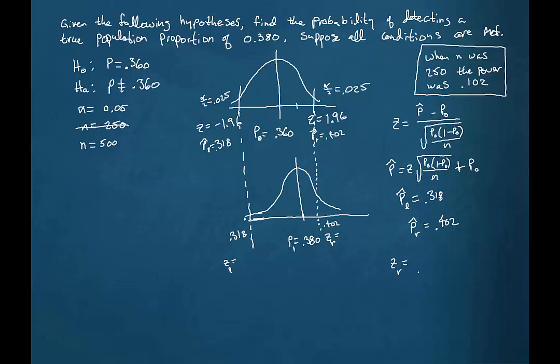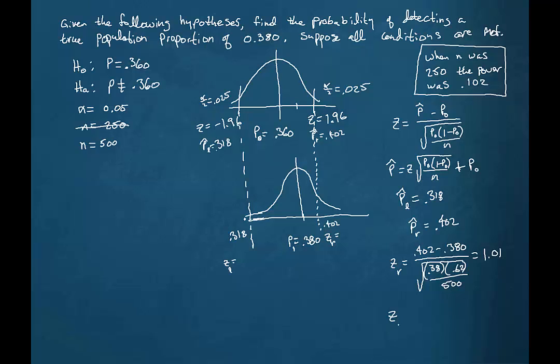So our right-hand z-value will be 0.402 minus 0.380 this time, divided by the square root of 0.380, since what we're working with is this distribution now, times 0.62 over 500. And that z-value will turn out to be 1.01.